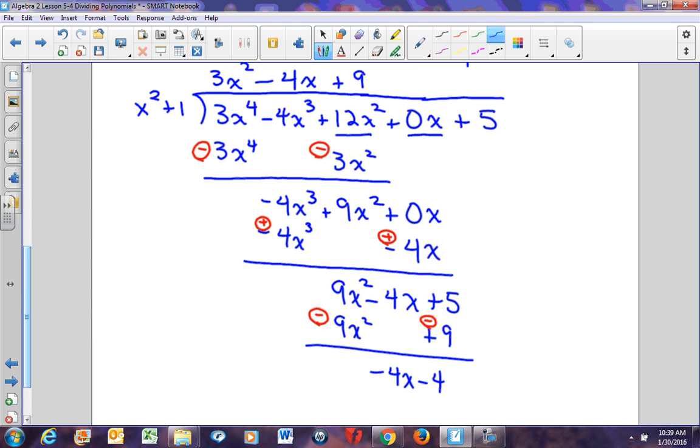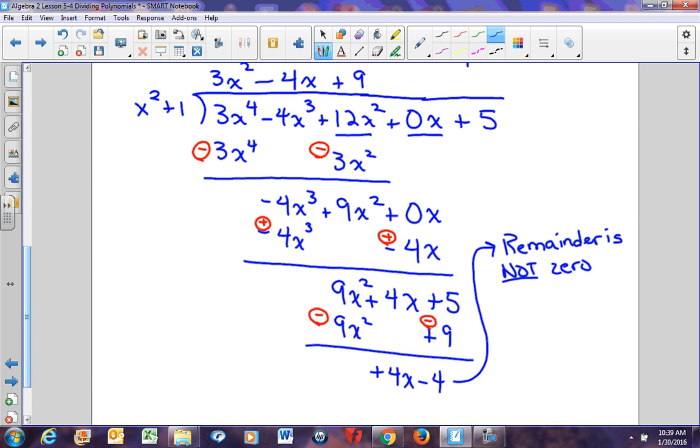My remainder here is not 0. Excuse me, it's positive 4x. I missed that sign right there. Positive 4x minus 4. The remainder is not 0. If the remainder was 0, then it would be a factor.